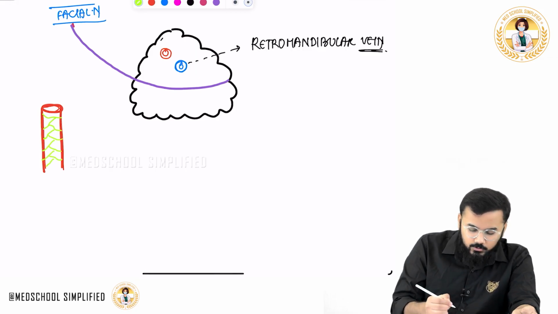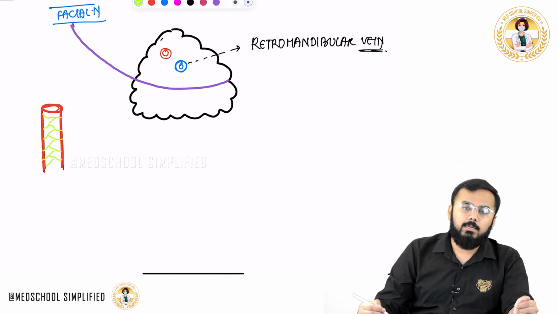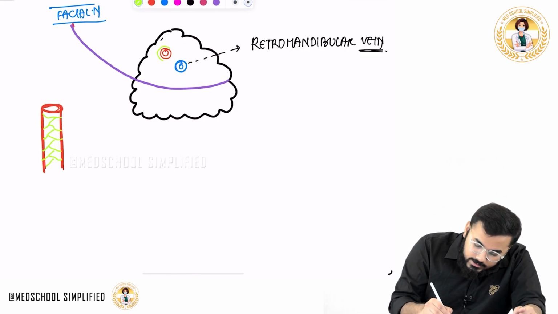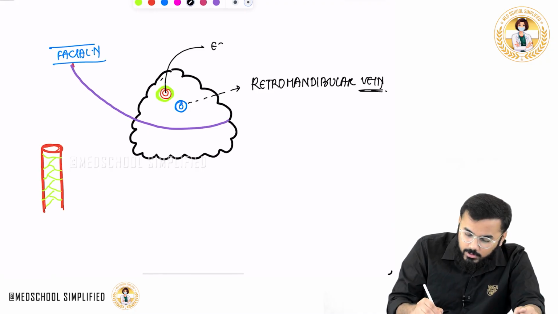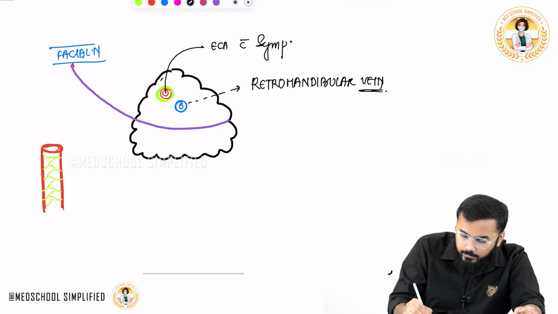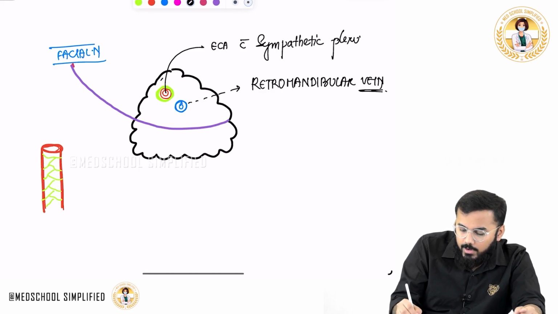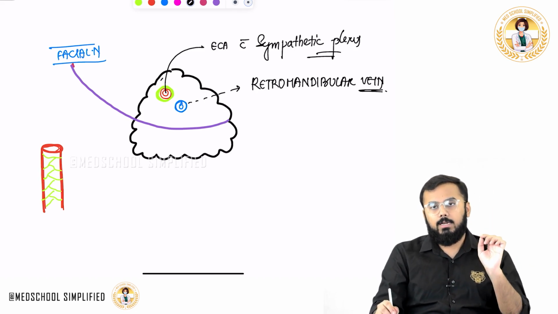This plexus present on the external carotid artery is called the sympathetic plexus. So this one is your external carotid artery with sympathetic plexus.